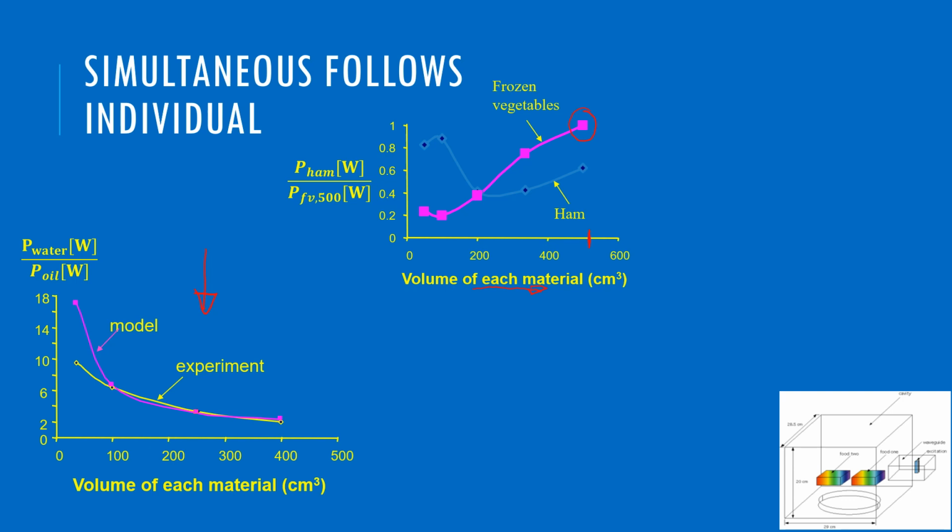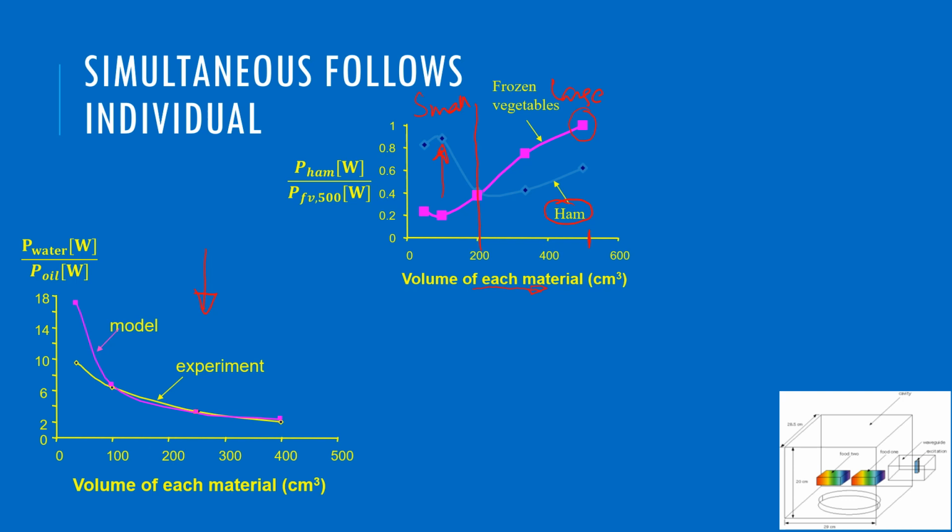If we divide this arbitrarily into a small volume and large volume range, then in the smaller volume range, the high loss material, ham, does absorb more than the frozen vegetables.